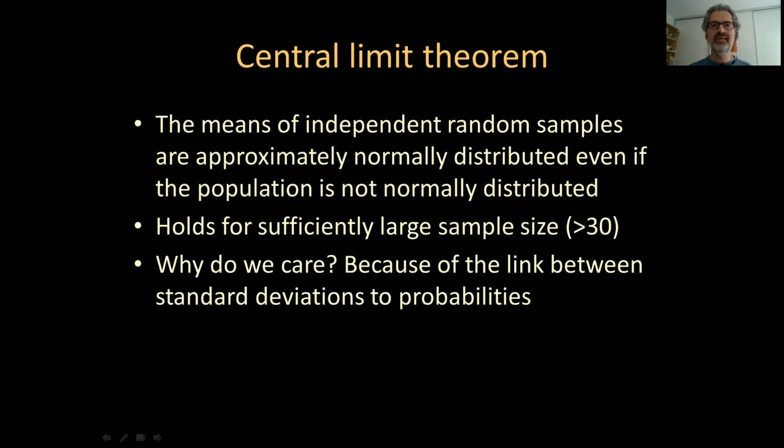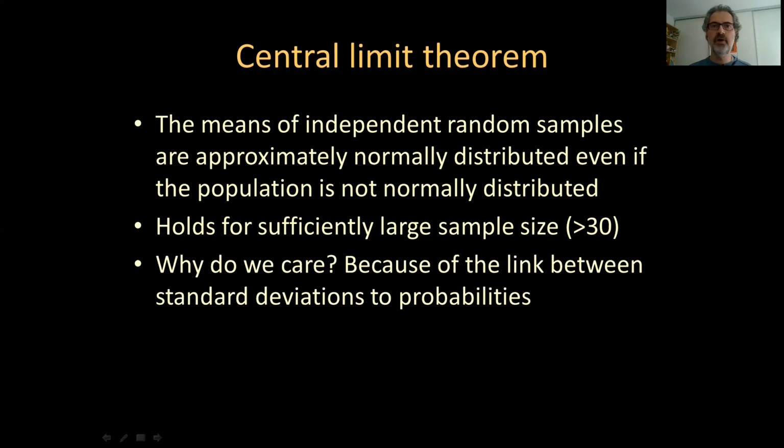Now, why do we care about the distribution of means of random samples? We care about this because the sampling distributions are what could have happened if we'd picked another sample.